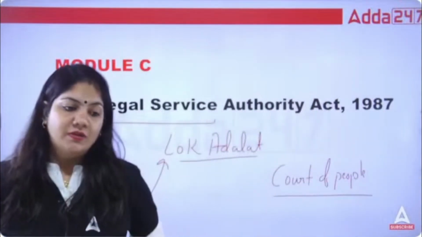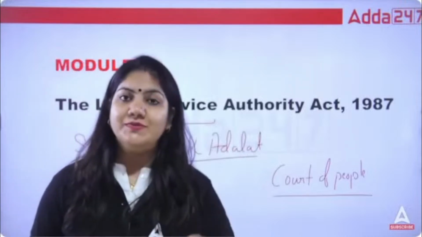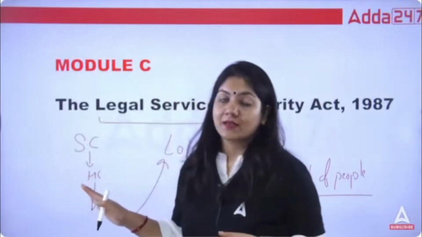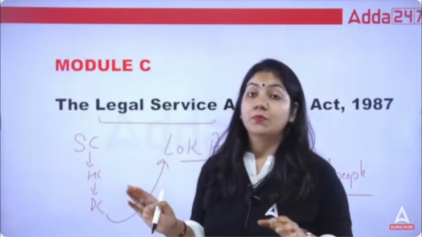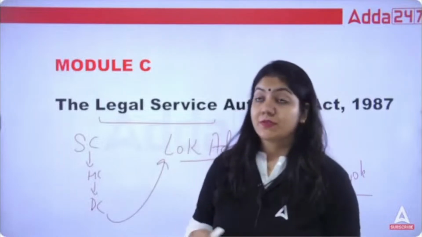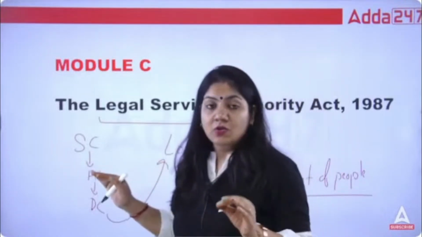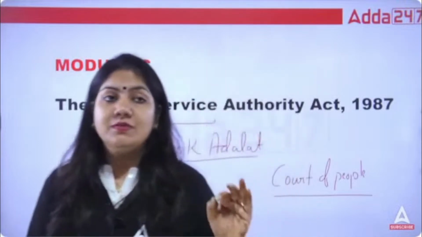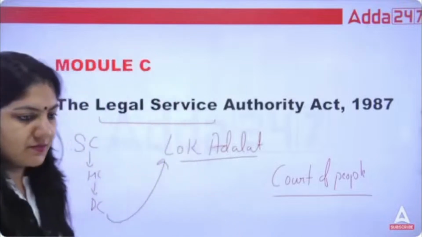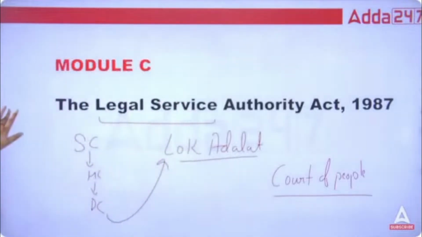Because in the court we have to follow so much procedure, but in Lok Adalat they are not bound to follow the procedure followed by the court. They can make their own procedure because the main aim of Lok Adalat is to settle and compromise the dispute. That's it.